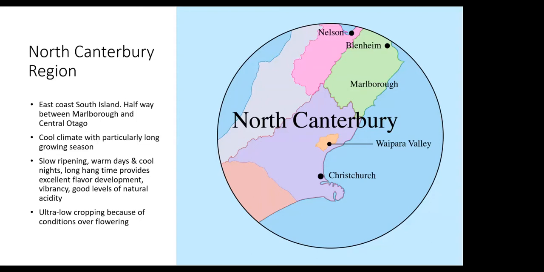And so in North Canterbury, much like Martinborough, we don't have a lot of big corporations like you do in Marlborough and some other regions. We don't have a lot of big multinational companies because the crop levels are much lower. So most of the wineries, virtually all, are small family-owned producers. We'll just pop through to the next slide there.